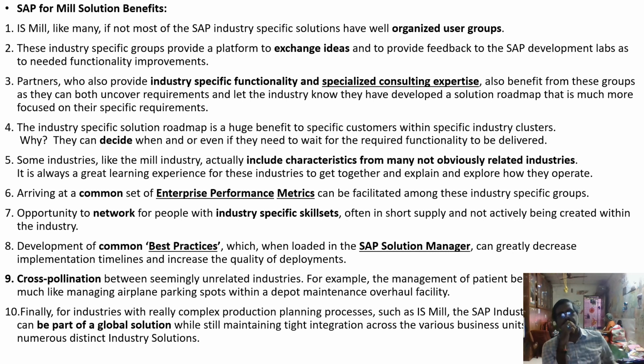So to my understanding, compared to implementing SAP ECC or S/4HANA, which is more generic for mill industry operations, we are instead deploying an industry-specific solution, that is the IS Mill solution, for the mill industry. That will give more insight into procurement, sales, manufacturing, quality, order management, delivery management, and shipment and delivery.